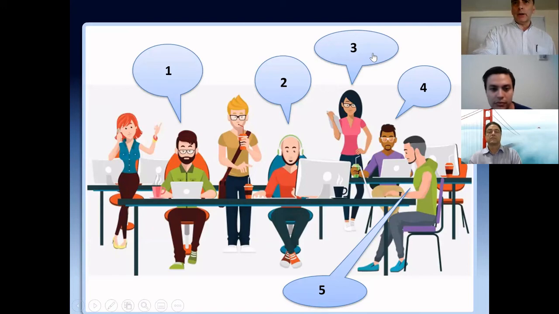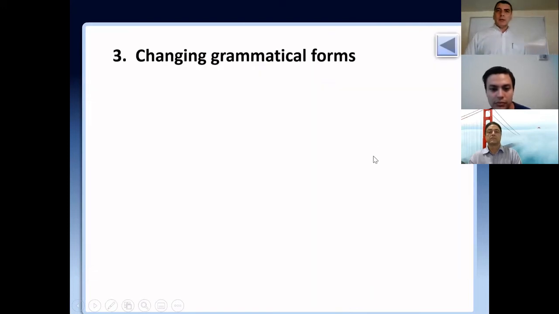A very popular one is changing a grammatical form. So students are given a sentence that has a particular grammatical form, and they have to change it to another one, typically one verb tense to another.